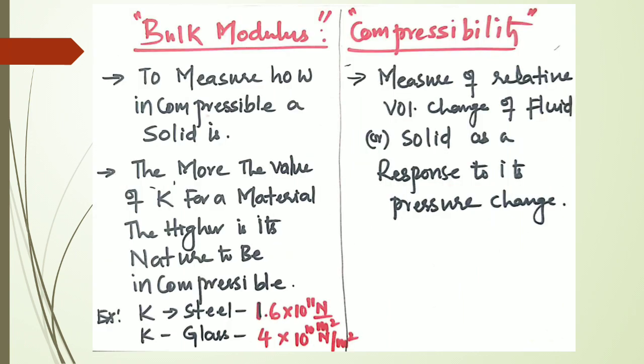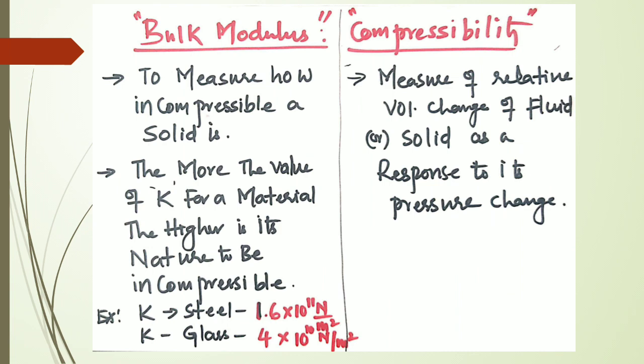Then, in fluid mechanics, there is one more property called bulk modulus and compressibility. What do you mean by bulk modulus? Bulk modulus is used to measure how incompressible a solid is.